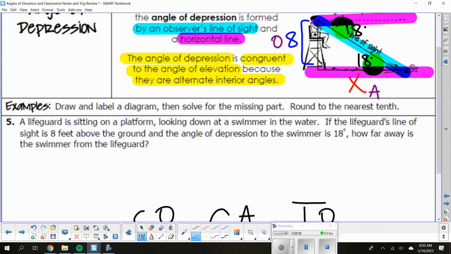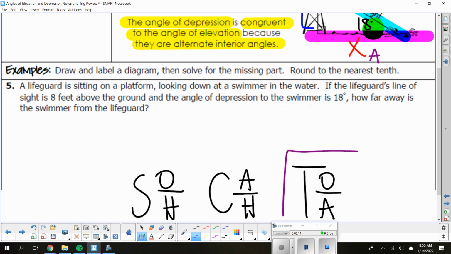So again, you're looking at SOH CAH TOA, which is really common in these problems. Don't assume it always happens, but it is very common. So I'm going to set that up: tangent of my angle, 18, is equal to opposite, which is 8, over adjacent, which is x.